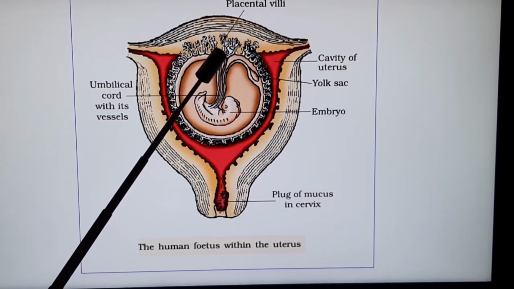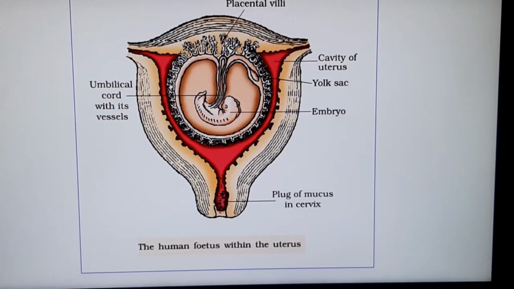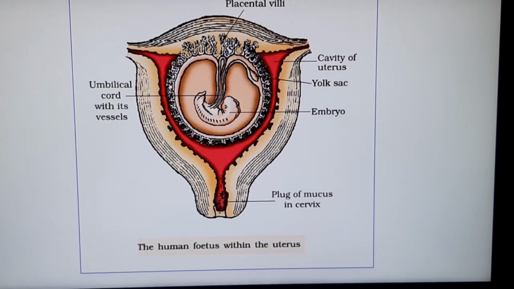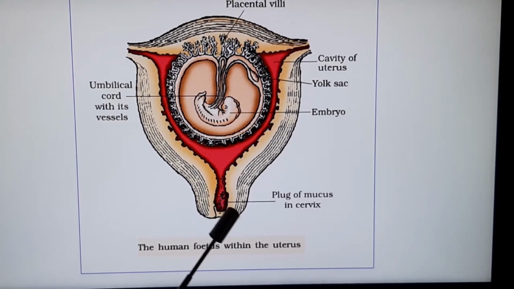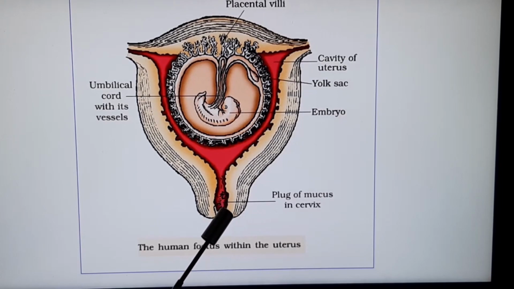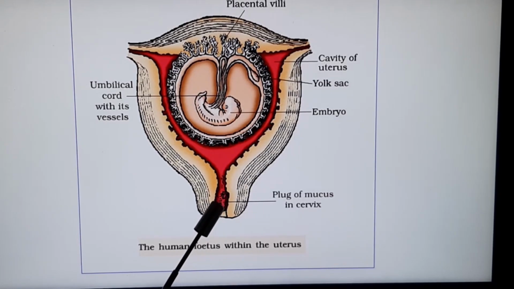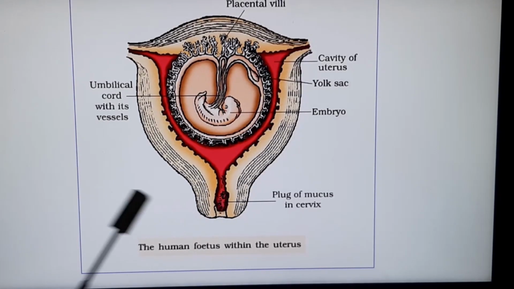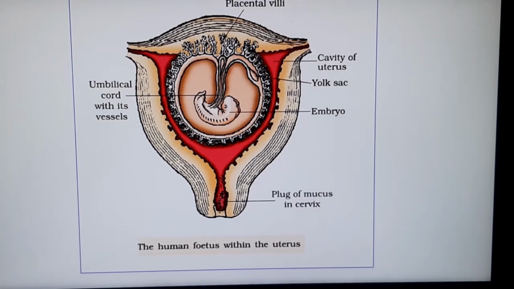It consists of blood vessels, capillaries, that connect to the fetus and end in the placenta. It is enclosed here, which connects exteriorly through the cervix region to the vagina, that is closed with a thick plug of mucus by the action of progesterone hormone, and it would only be removed at the time of parturition.